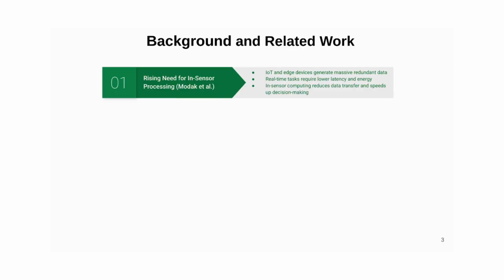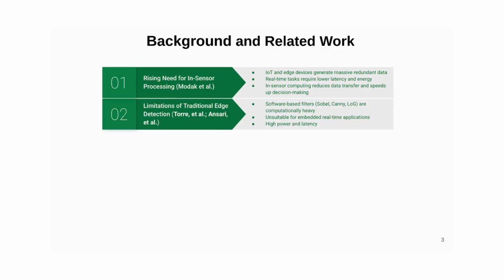Before going into intricacies, we should highlight some background and previous works. We have already discussed why we need in-sensor computing. Now, traditional edge detection methods like Sobel, Canny, and LoG provide good accuracy, but they require intensive digital computation.